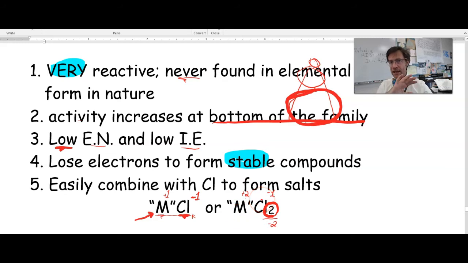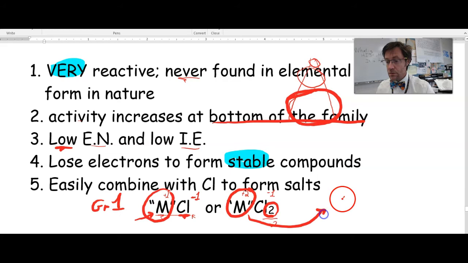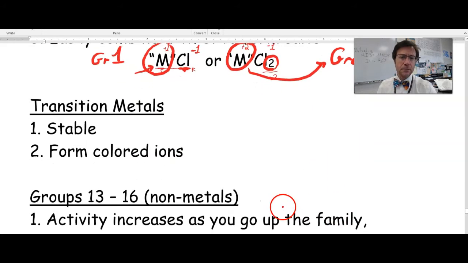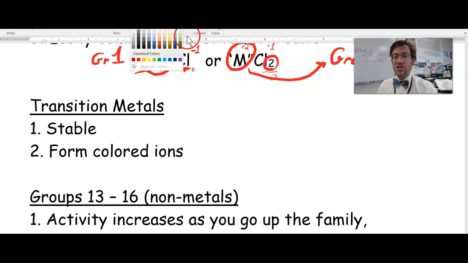We're going to go over this in much deeper detail in subsequent chapters. But for right now, that's what we need to know. And this is always +1, because group 1s are always +1. This is always going to be +2, and group 2 are always +2. So this is from group 1. And this guy is going to be from group 2. Dig? Awesome.